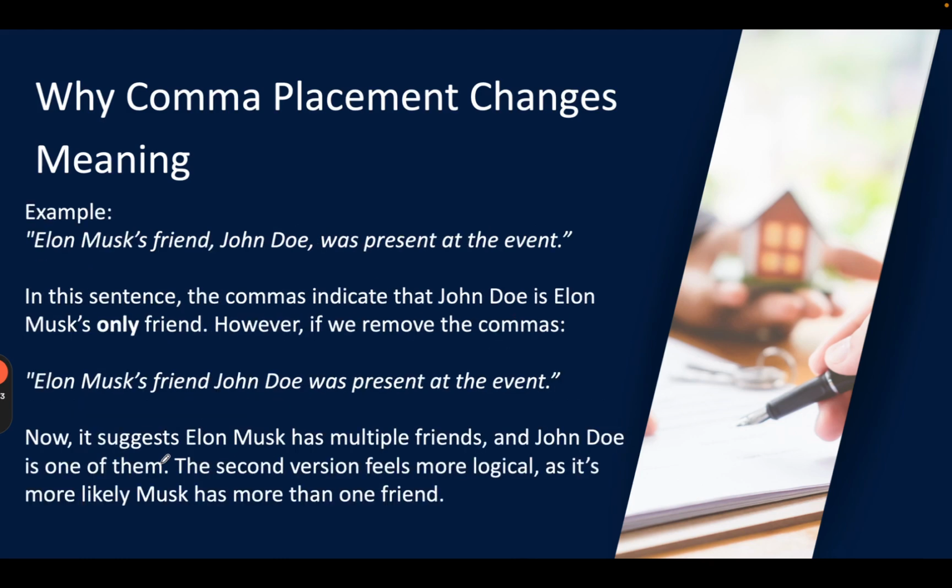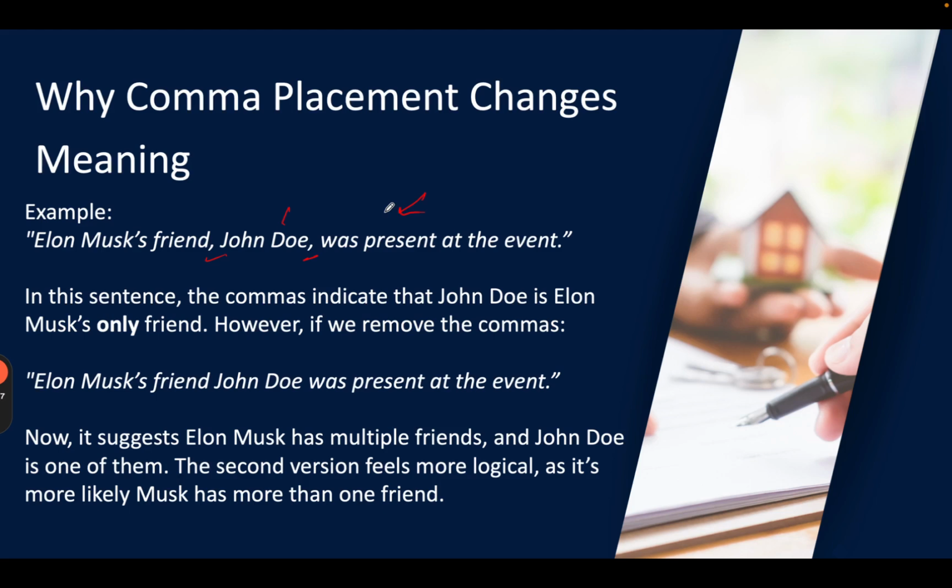Let's look at an example to understand this concept better. Elon Musk's friend, John Doe, was present at the event. So placing these two commas over here, it shows that John Doe is Elon Musk's only friend. Now understand logically, is that possible? Like a person having only one friend. Here we have only one sentence, guys. Ideally in the exam you'll have a short text for more contextual understanding.